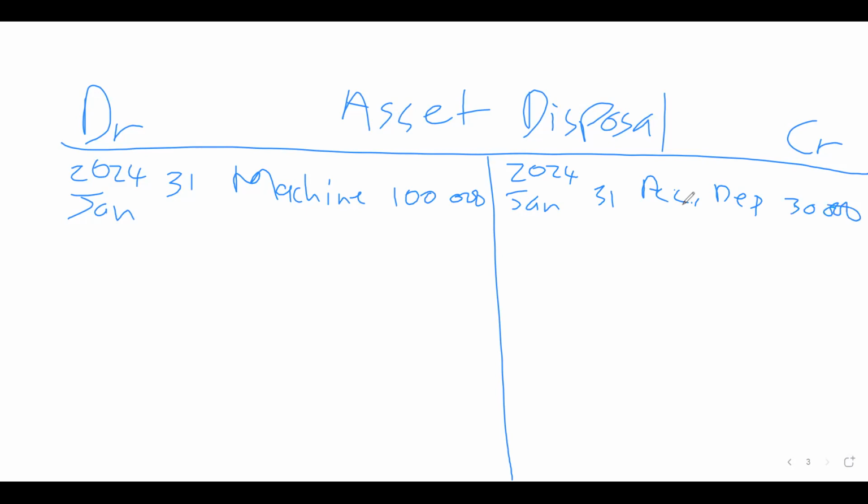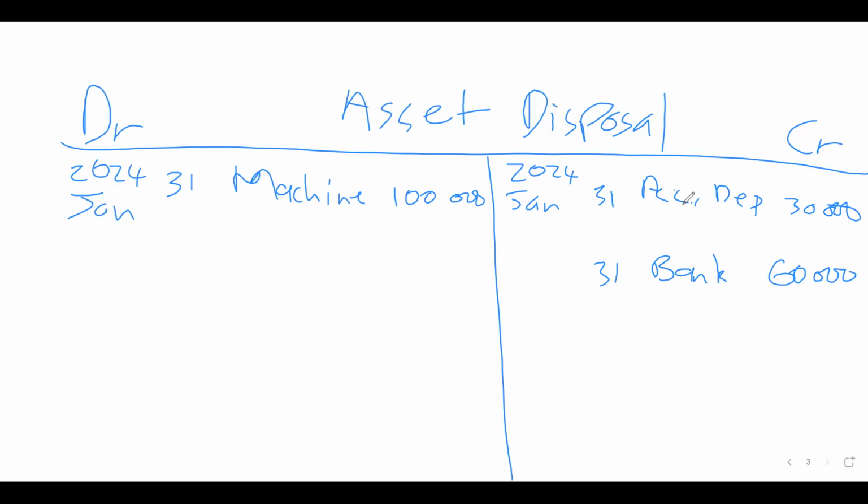Are we together? Yes. And then on the 31st, you received money for selling this asset. So you received cash. And let's assume you only received something like 60,000 rands.